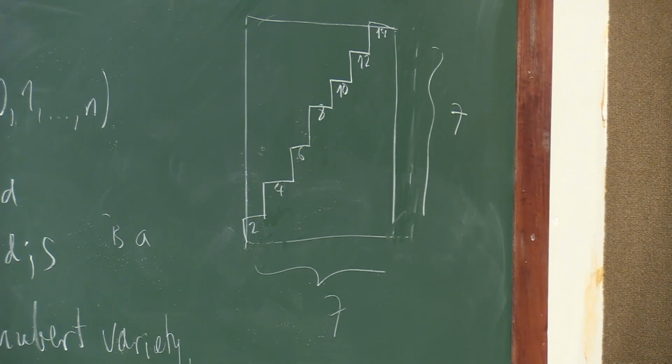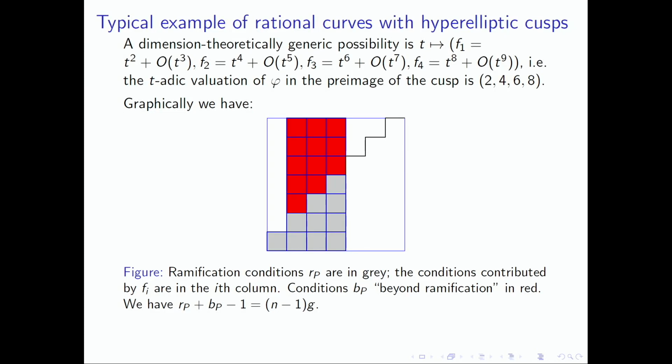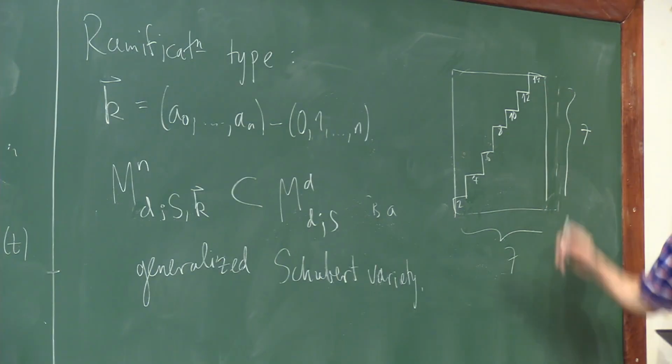And then why have I singled out these gray squares? Well, you should think that each one of the columns corresponds to an f sub i. So f1 is the first column, f2 is the second, and so forth. Ramification is selected for by the gray boxes, which again are below the path that encodes my semigroup.